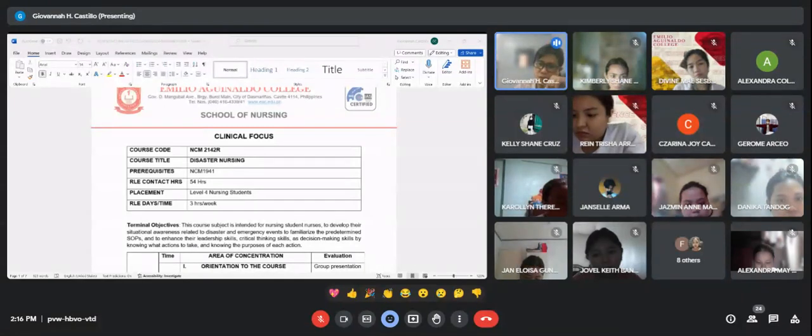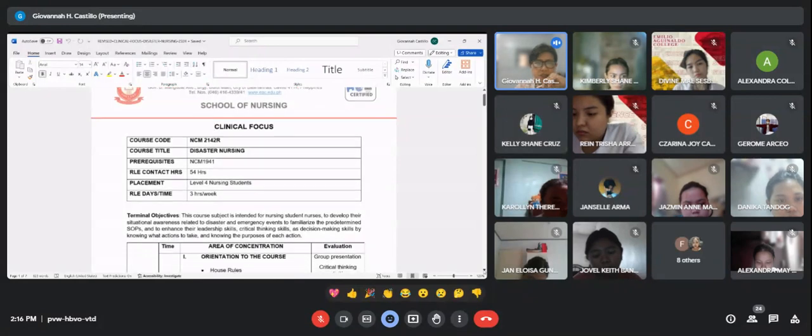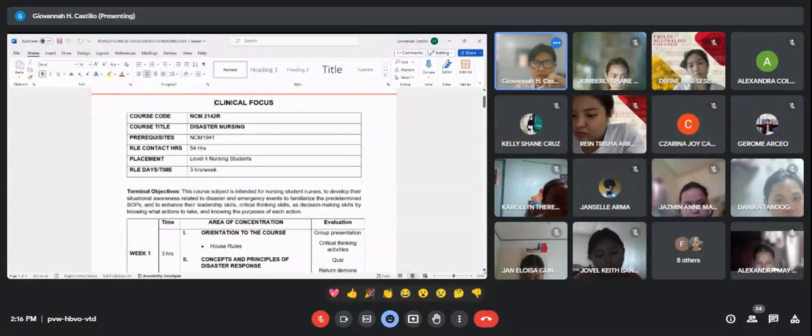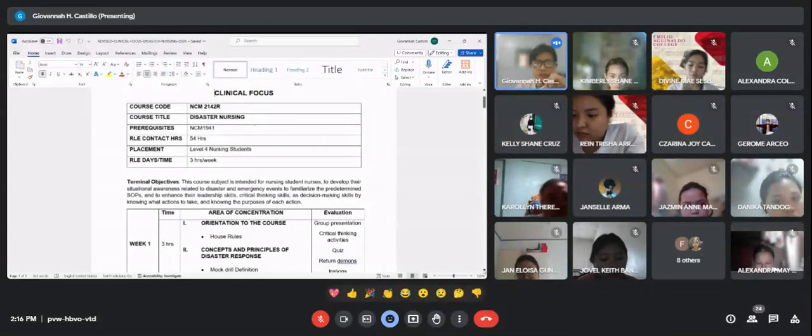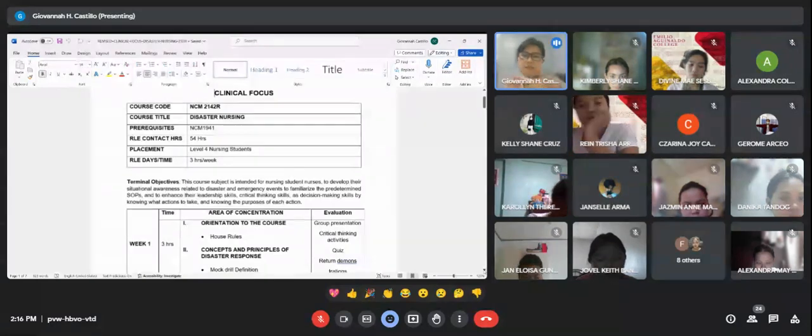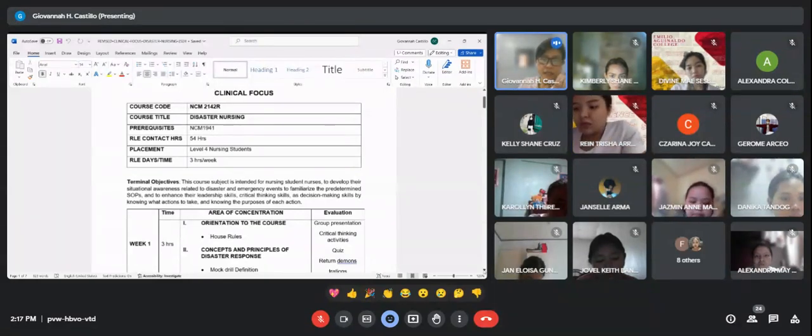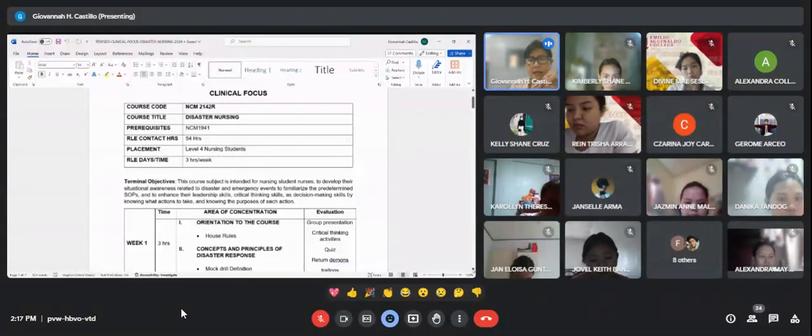Okay. The focus, or the terminal objective for this course, is intended for student nurses to develop their situational awareness related to disaster and emergency events, to familiarize the predetermined standard operating procedures, and to enhance their leadership skills, critical thinking skills, and decision-making skills by knowing what actions to take and knowing the purposes of each action.